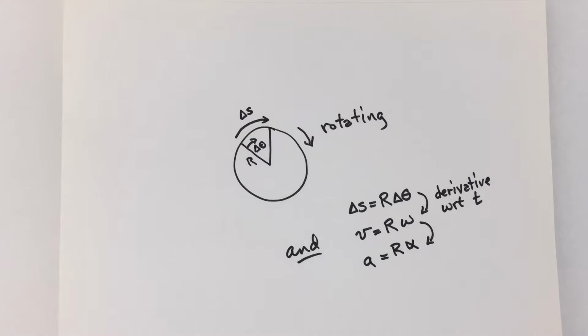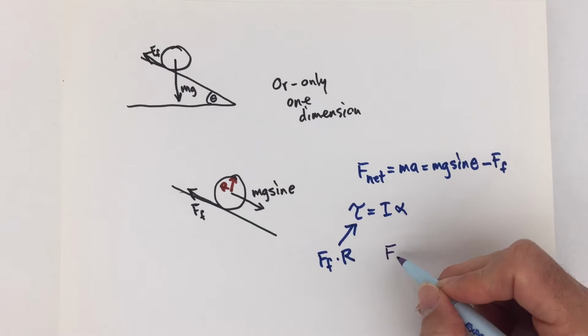And in fact, it's this proportionality that actually defines the radian for us, so that we have this nice simple relationship of distance being related to angle. And we have the corresponding derivatives of this that give us the velocity and acceleration related to the corresponding angular velocity and angular acceleration.